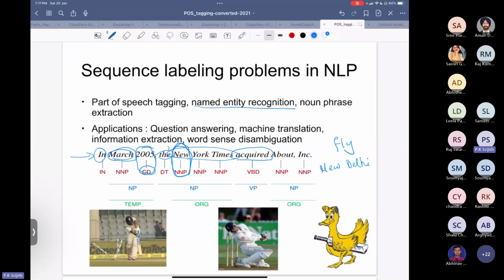For example, for this case, say March 2005 is a named entity, in is not a named entity.